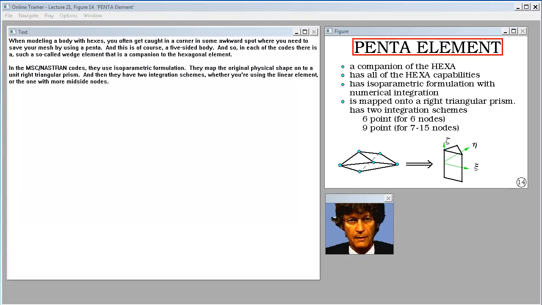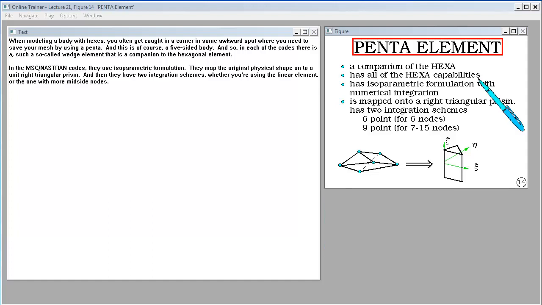When modeling a body with hexes, you often get caught in a corner in some awkward spot where you need to save your mesh by using a penta. And this is, of course, a 5-sided body. And so in each of the codes there is such a so-called wedge element that is a companion to the hexagonal element.